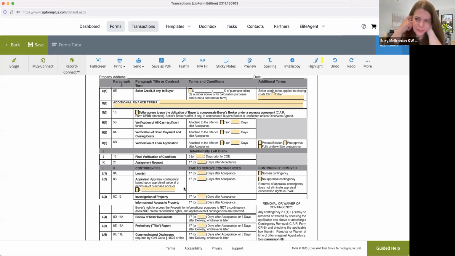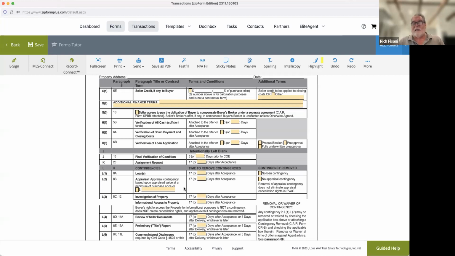Okay. Investigation of property defaults to 17 days. Of course, you can change that. Informational access to property. This used to be hidden somewhere. Now it's right out in the open. If you change the investigation of property to 10 days but leave informational access to property at 17 days, then the buyer has the right to come in, bring in architects, do all of this stuff.